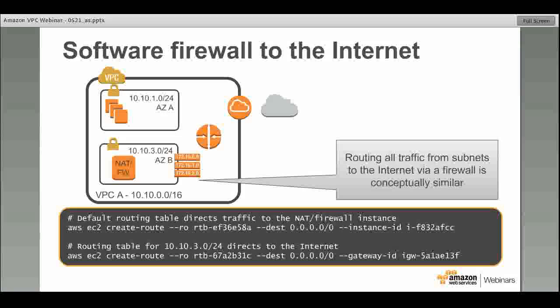But then I'm configuring traffic for instances in the other subnet, the .1 subnet, to use the NAT firewall appliance, and then I can do anything I want on that appliance in terms of firewalling, security policies, natting, and other types of security controls.